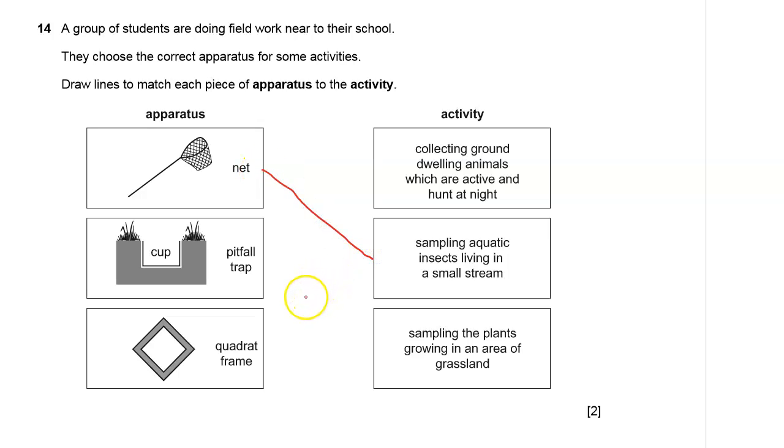Pitfall trap is for collecting ground dwelling animals which are active and hunt at night. They will fall in this pit cup at night as they go. Then quadrat frame. This is for sampling plants growing in an area in a grassland. So right there.